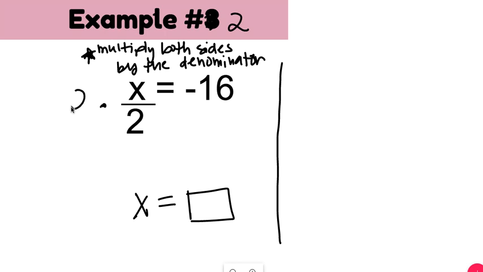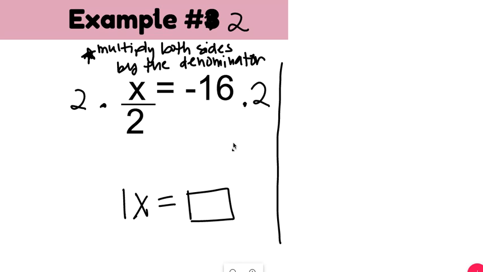Perfect, let's do that. Times 2, because remember, if I multiply my fractions here, I end up with 2x over 2. My 2's cancel, and I'm left with 1x, right? So by multiplying by this denominator, I actually end up eliminating my 2's on the left-hand side.